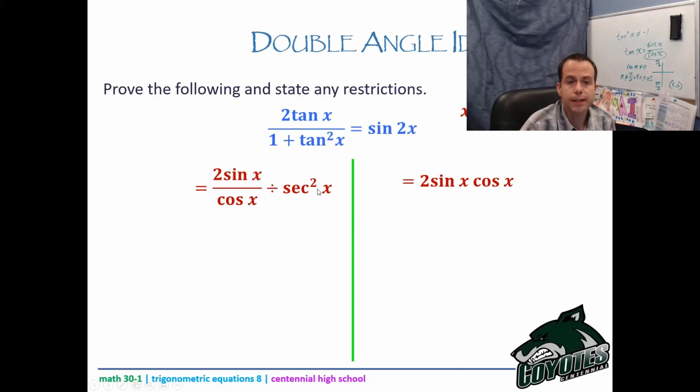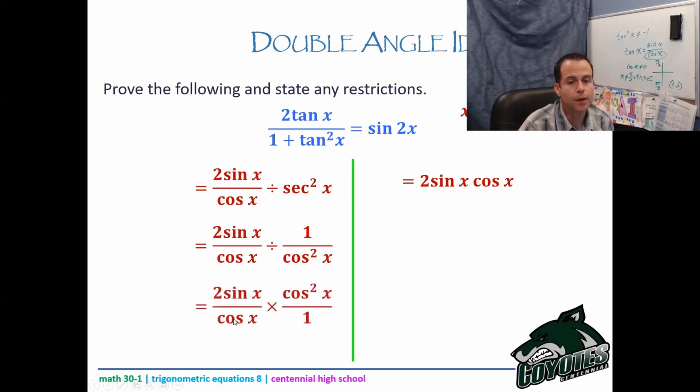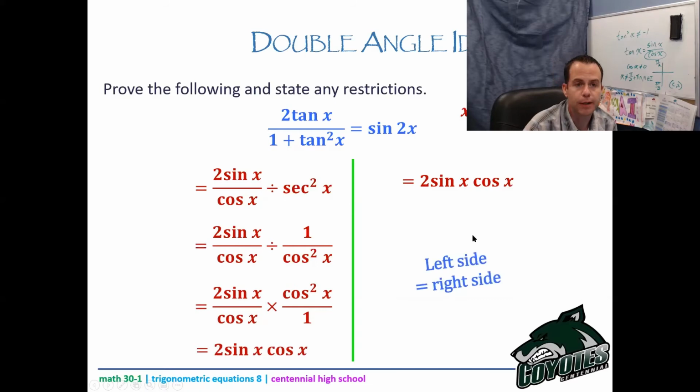Now, secant squared theta is 1 over cos squared theta. Now I'm dividing fractions, so I'll multiply by the reciprocal. One of these cos x's will divide each other out, and that will leave me with 2 sine x cos x, which is exactly what I had over here, 2 sine x cos x. So left side equals the right side, and this proof is all done.